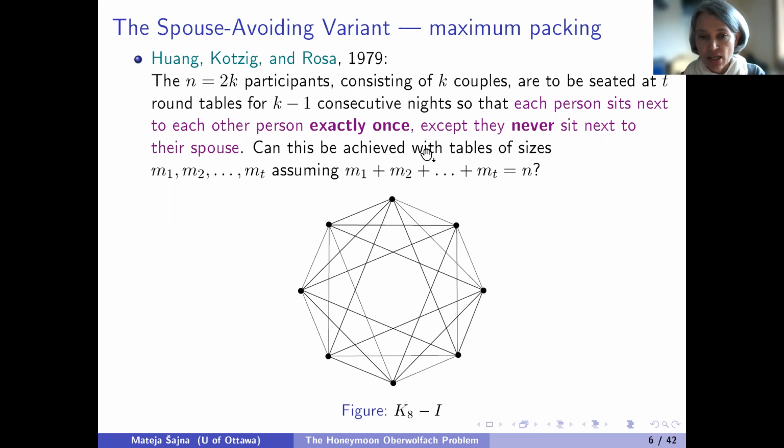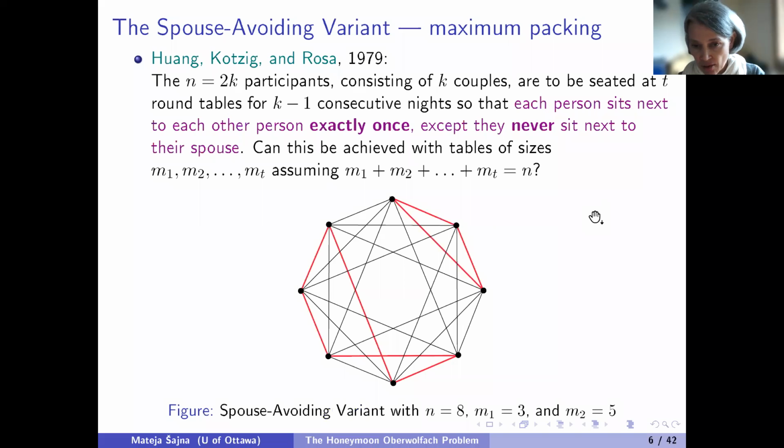And again, we have table sizes available. So here's now a solution to this problem, the spouse avoiding variant with tables for 3 and 5. So the first, the second, and the third night.